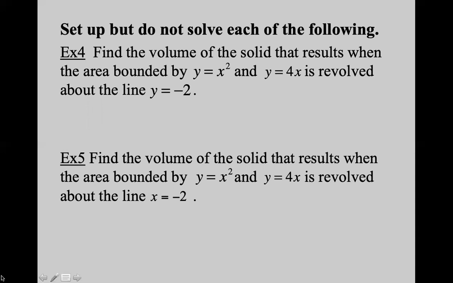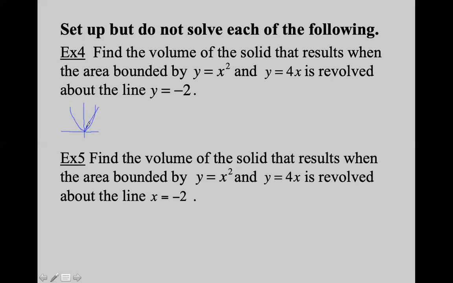So let me grab my pen here. All right, again, I like to have a picture, so just draw a little sketch. So I've got y equals x squared, and I've got the line y equals 4x, so y-intercept 0, slope is 4.